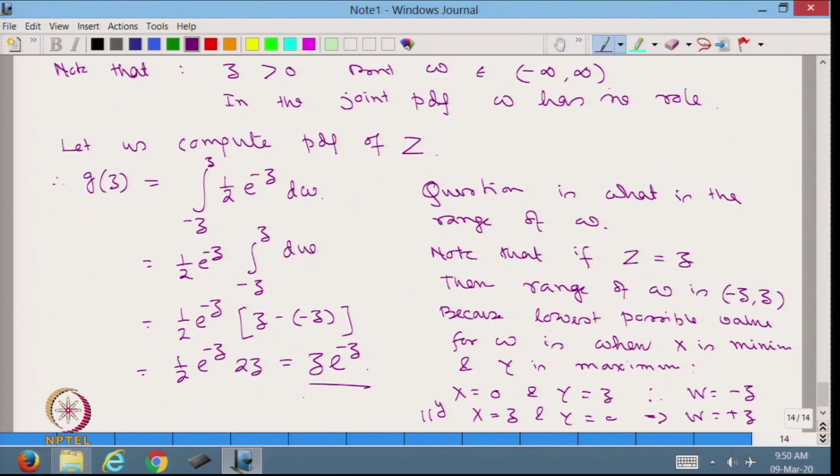This in any case we knew, because the sum of two exponentials is going to be gamma with parameter lambda and alpha is equal to 2. So, this result we already know.